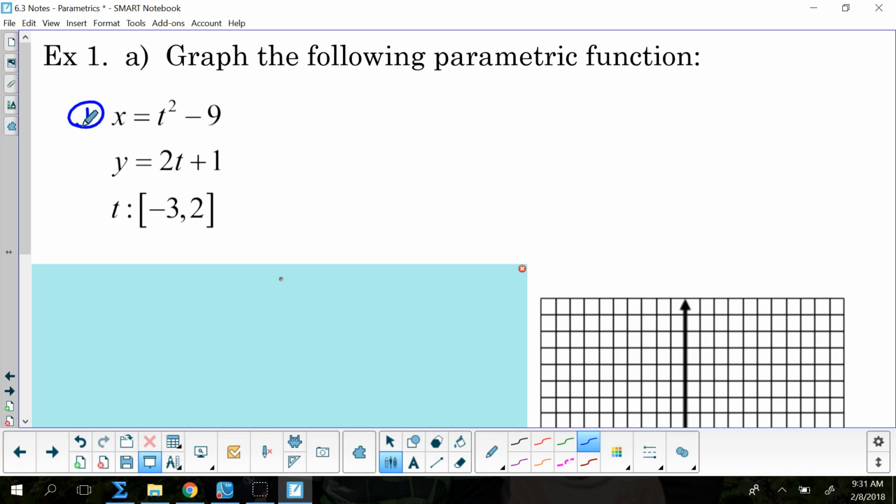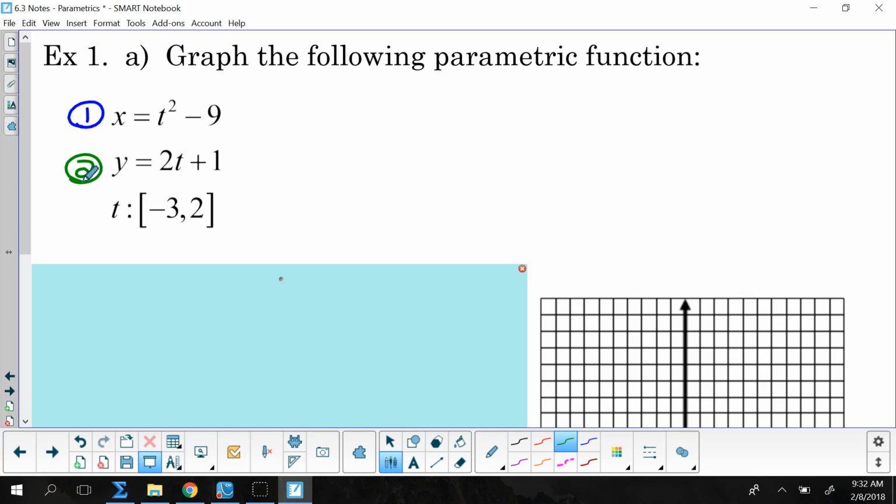You need to have what x is defined as. It will be in a function form or in an equation form. X equals something. In this case, it's t squared minus 9. That's our first part. Our second part is going to be what y is defined as. In this case, y is defined as 2t plus 1.